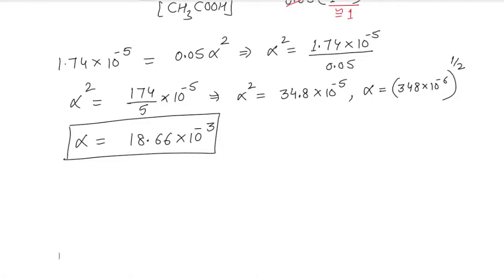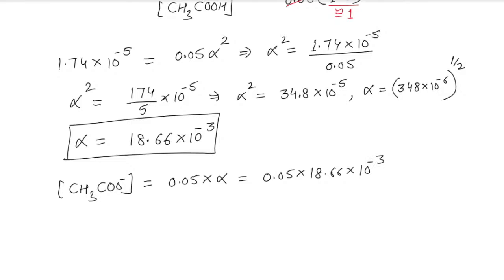Now the next question is to calculate the concentration of acetate ions, and pH. So the concentration of acetate ion is the same as that of H plus ions. You can write simply acetate ion concentration as 0.05 into alpha, that is 0.05 into 18.66 × 10^-3.